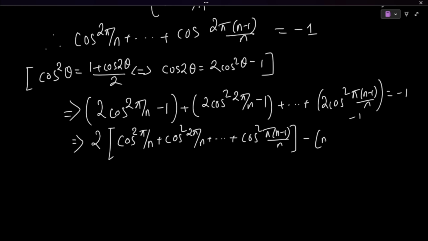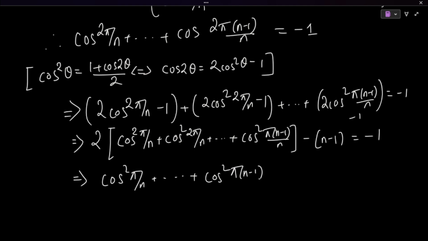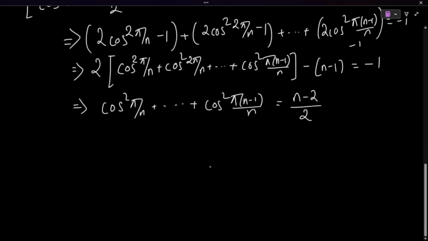There are n minus 1 terms, so minus of (n minus 1), and you have a minus 1 here. Simplify this and you should get cos square of pi by n all the way up to cos square of pi times (n minus 1) by n equals, you take this to that side and it becomes n minus 2, divide by 2, you get (n minus 2) by 2.